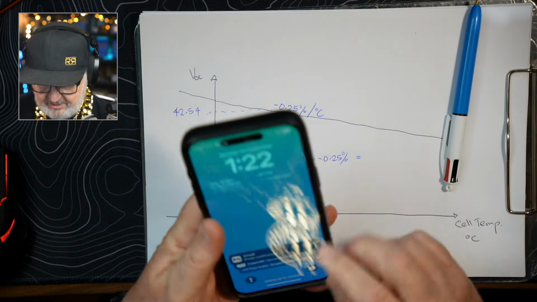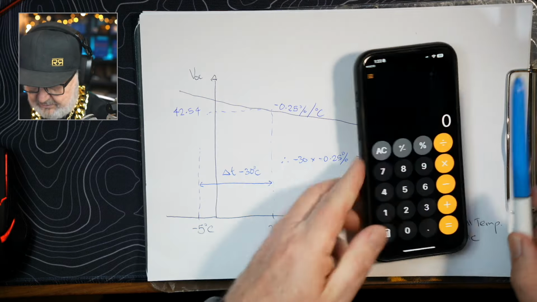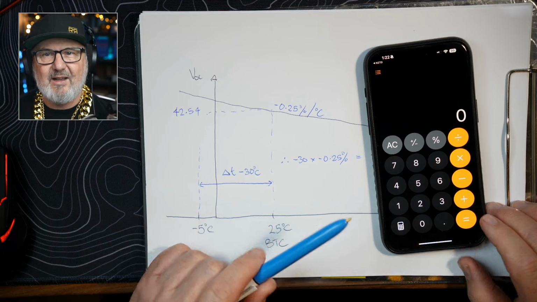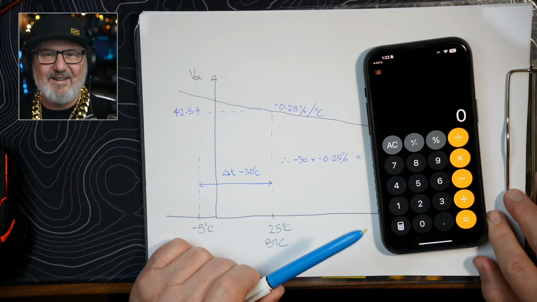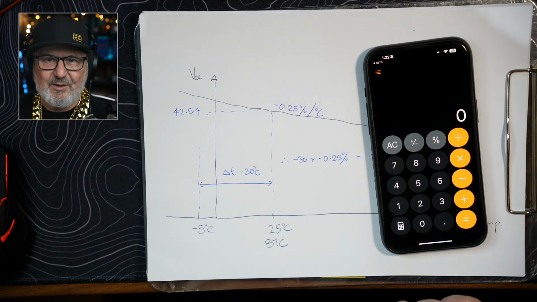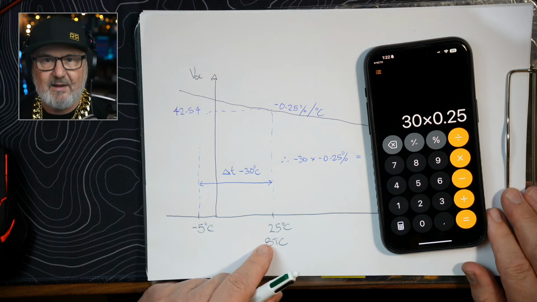I bet you can do this in your head, but let's just show it on a calculator. It's always fun to punch in some numbers. Now, incidentally, a lot of calculators don't like multiplying negative numbers. So if you remember your basic arithmetic, that a negative times a negative is a positive number, you can just go 30 times 0.25, okay?